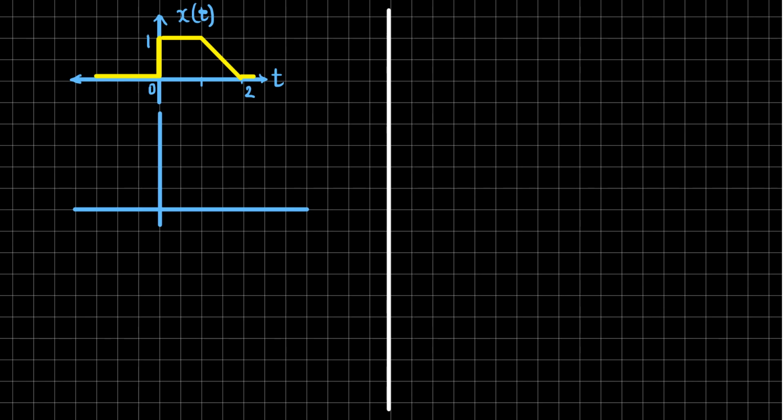Here the 0 is multiplied by a factor of 2, here 1 is getting multiplied by a factor of 2 and so on. So the resultant signal will look something like this.